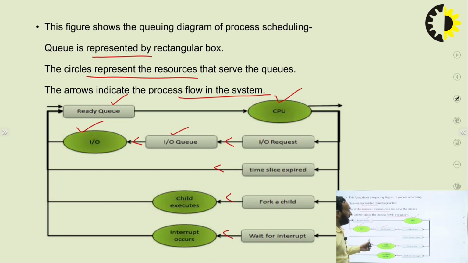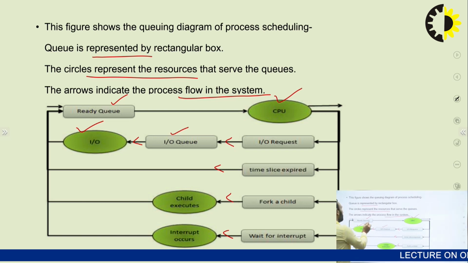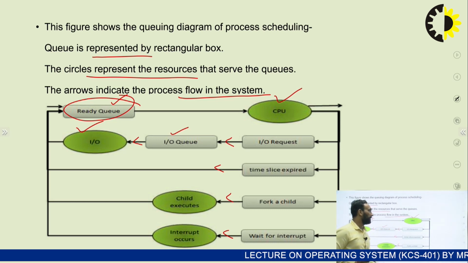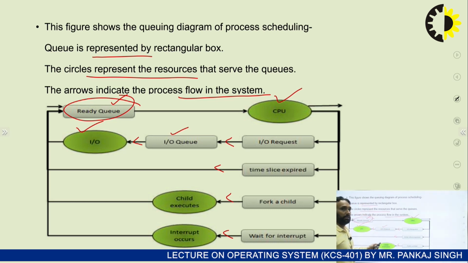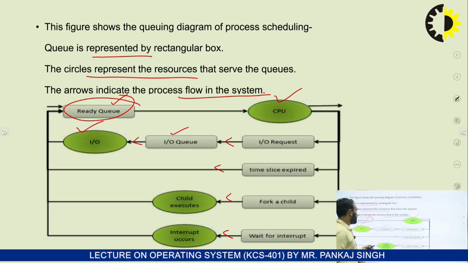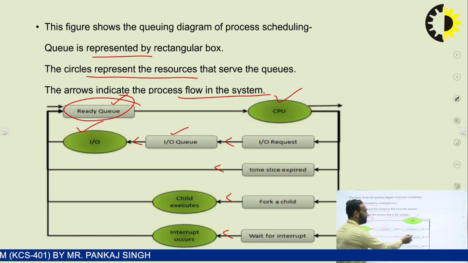As we see in the given scheduling queue diagram, when a request is passed to the machine, it will move to the ready queue and pass to the CPU. But if the process requires some more IO devices or memory access, it will go to the IO request and join the IO queue.